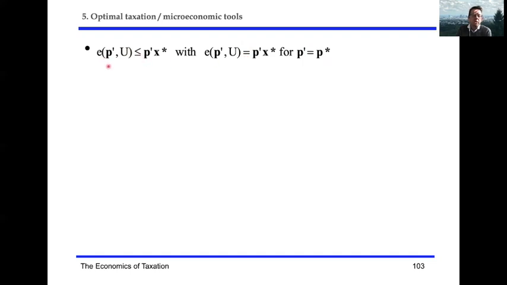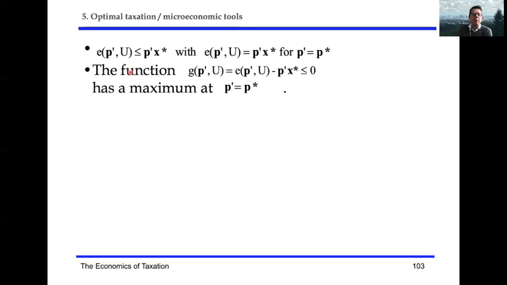So usually the left-hand side is smaller than the right-hand side, but with P prime equal to P star, equality is holding. So that means that if we define the difference of the left-hand side and the right-hand side of the inequality as a function, then this difference function has a maximum at P prime equals P star.